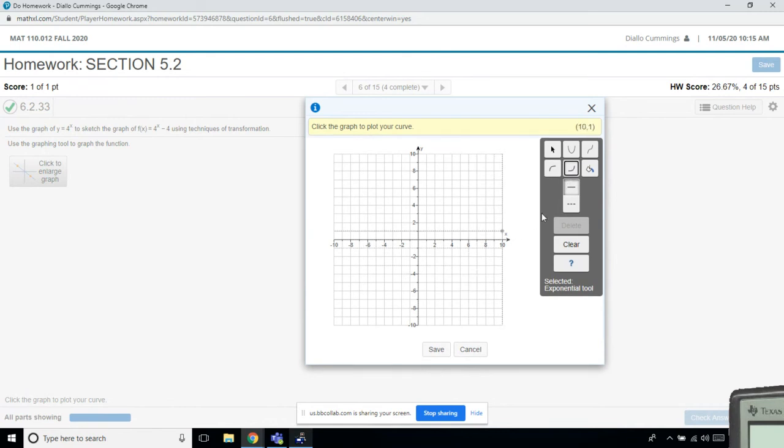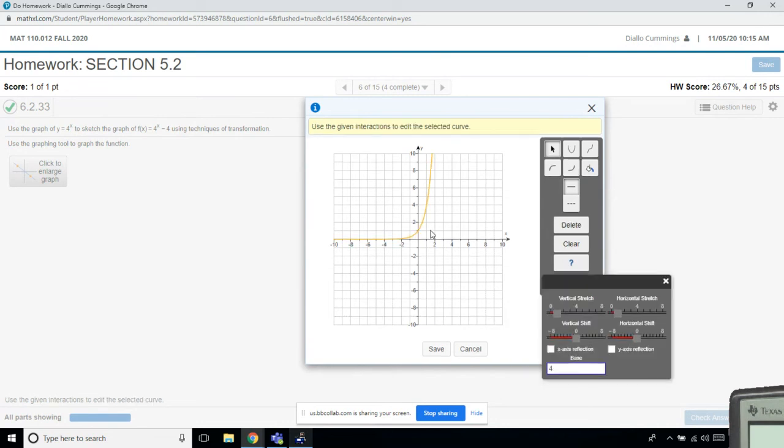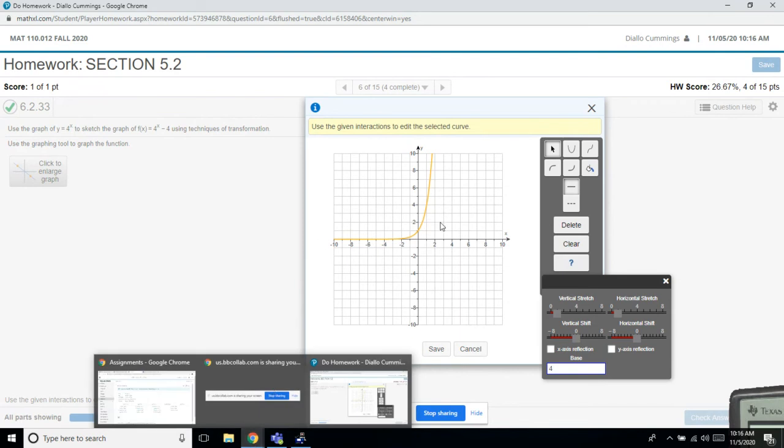Now, once you click on the exponential tool, no matter where you click, it's always going to give you this basic curve. The basic curve comes from an exponential function whose base is greater than 1.